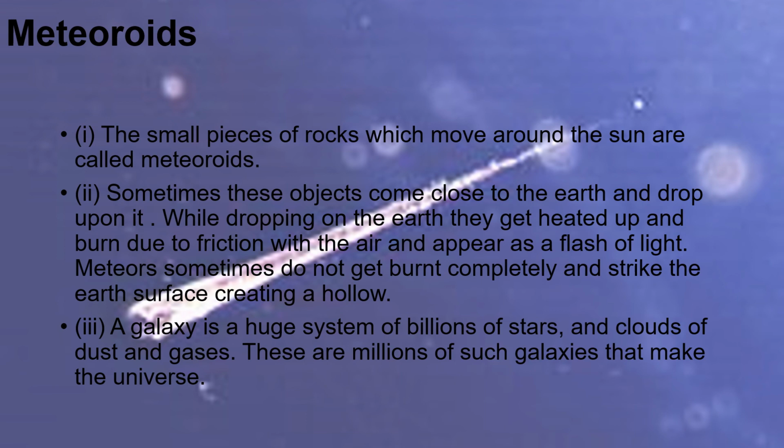And sometimes these meteoroids come so close to planet Earth and are likely to drop upon the surface. Because of the gravitational force in and around Earth and the atmosphere, the rocks coming in start burning because of friction.